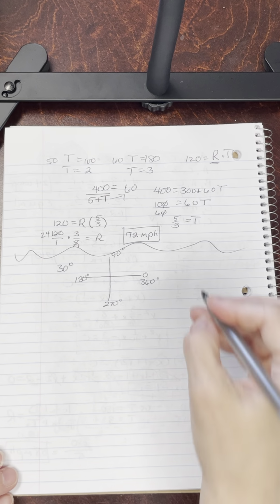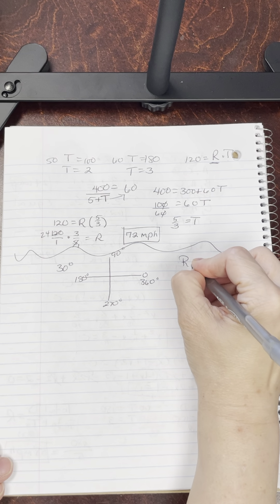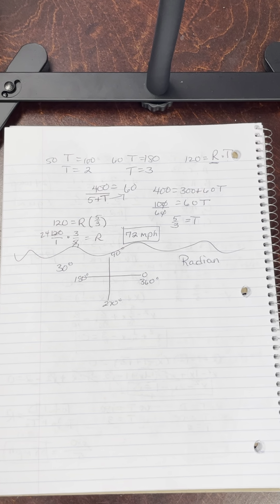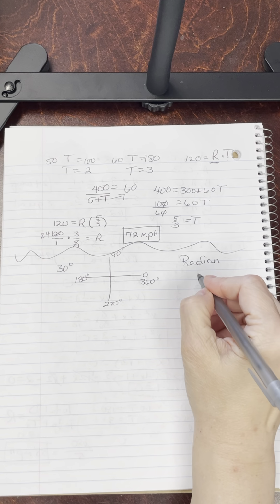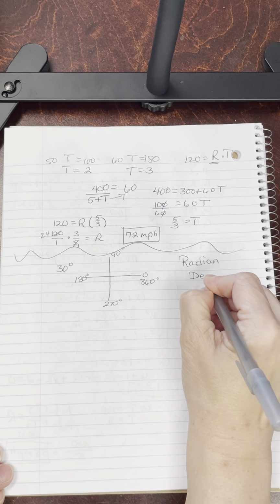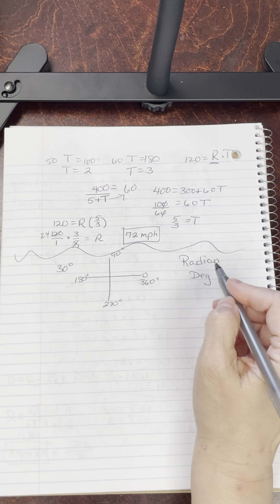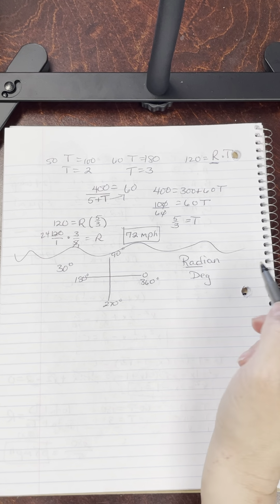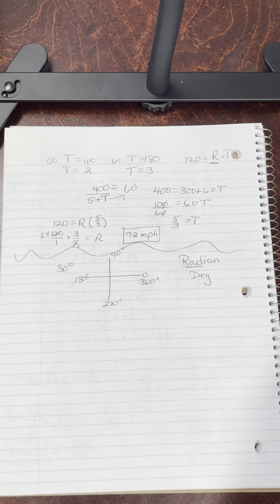Now they're giving me another way to talk about these, not in degrees but in radians. Your calculators should be set at DEG for degrees by default, but there should be a RAD setting, whether it's embedded in a menu, where you can change it over so that it calculates in radians.